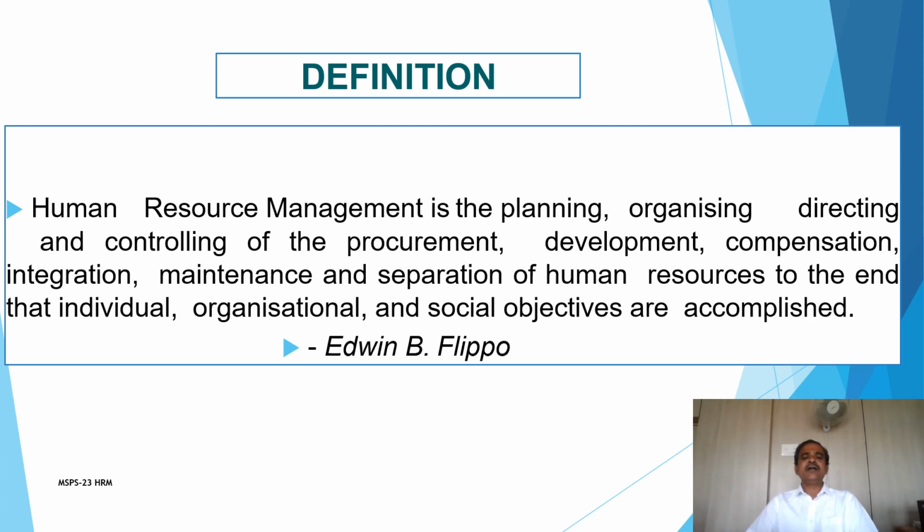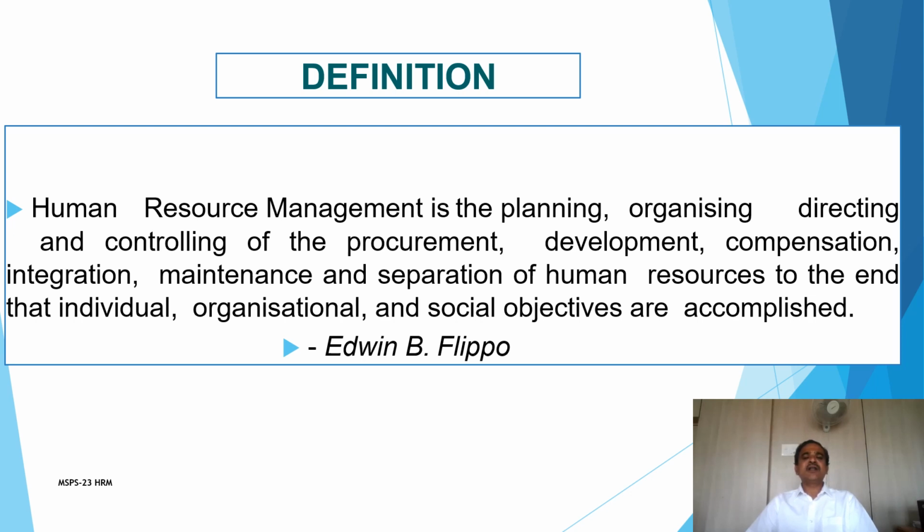Here, it is clearly indicated that we have already studied planning, organizing, directing, and controlling functions under principles of management itself. So you have to keep in mind what all the functions are under planning, organizing, directing, and controlling. These are all common to the procurement, development, compensation, integration, maintenance, and separation of human resources in the organization.